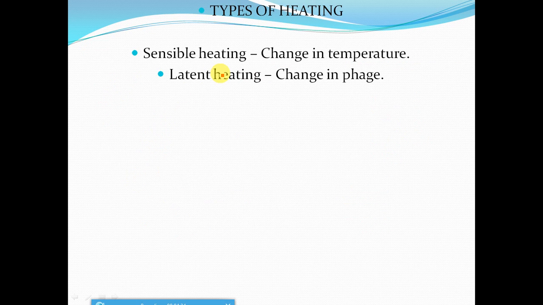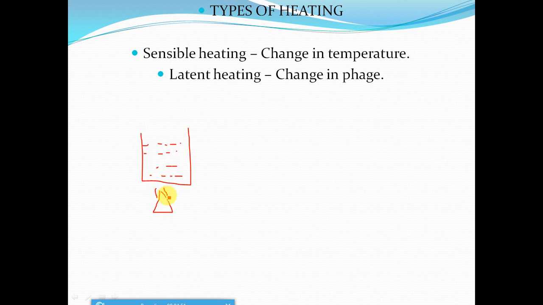And now sensible heating, the types of heat. The total heat is equal to sensible heat plus latent heat. Sensible heat is a change in temperature. A simple example here, also taking water. Here we have one pot filled with water, and I am heating from the base.